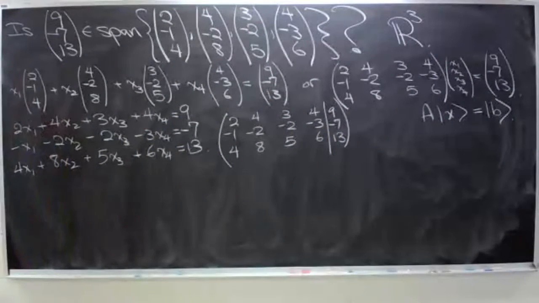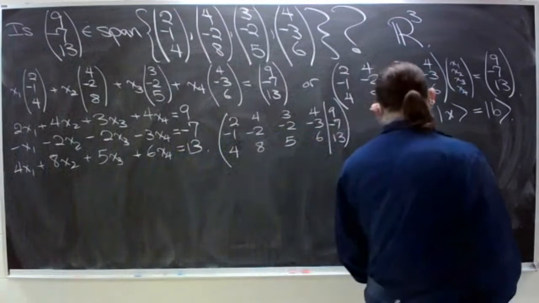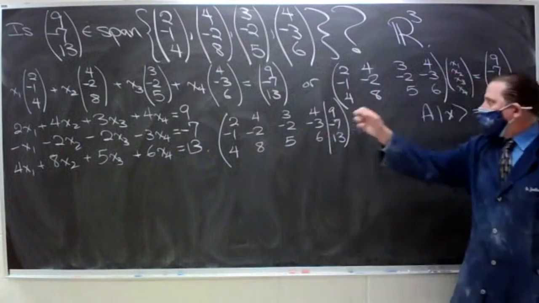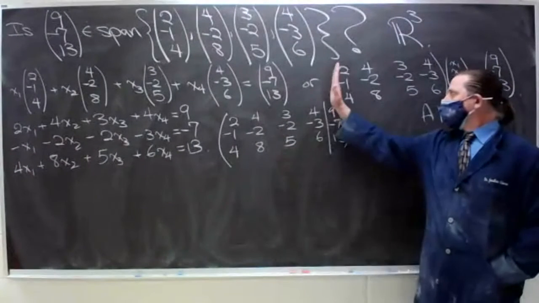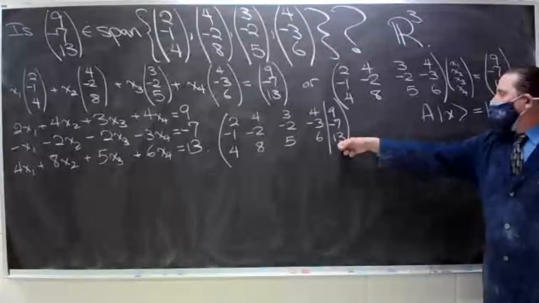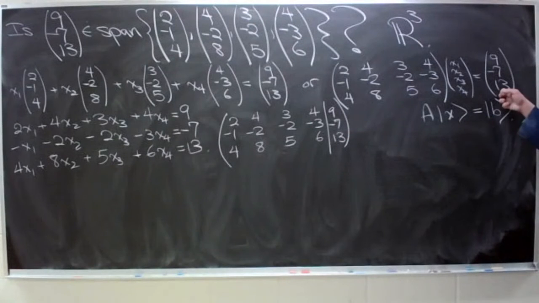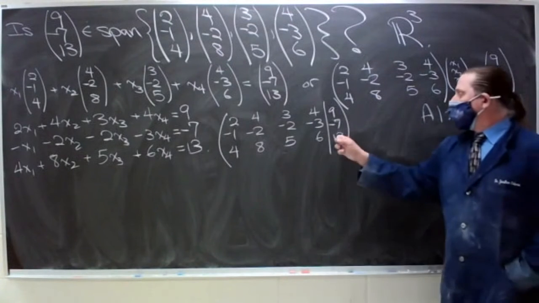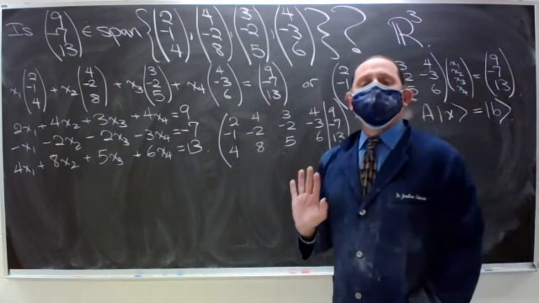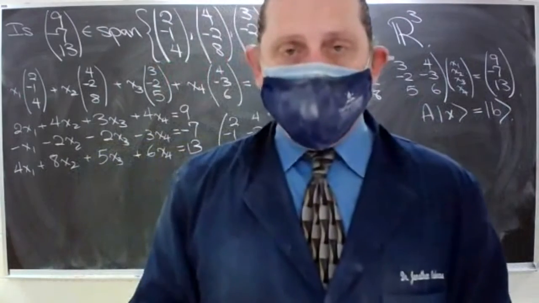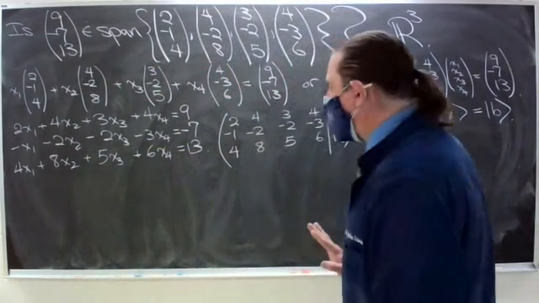Notice that it's really just this system where I just didn't write the x's, the pluses, or the equal sign. Notice also that this is just matrix A here, augment bar, and then the vector that I'm looking for, whether or not it's in the span of these. That will be a useful perspective for us to have going forward.